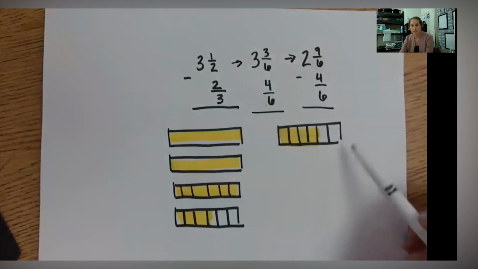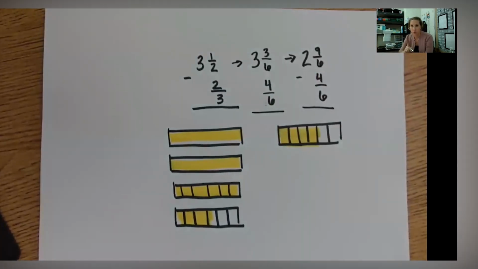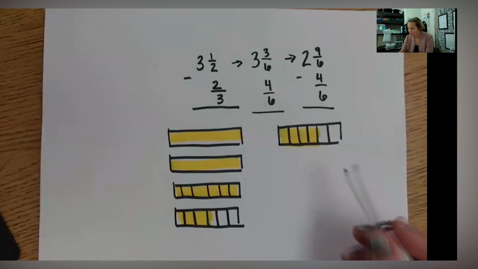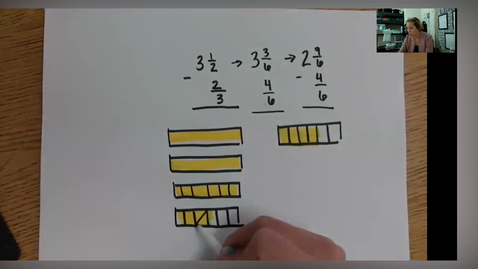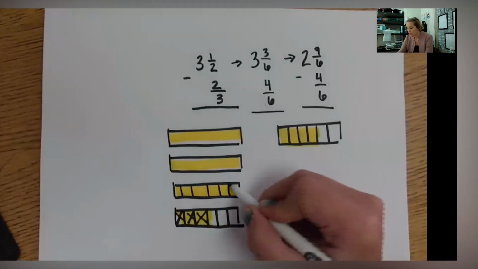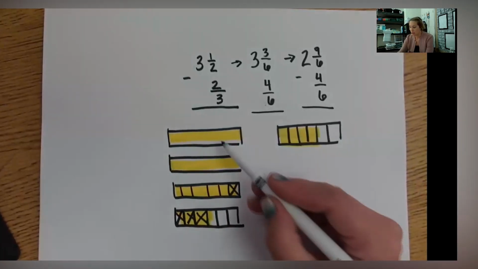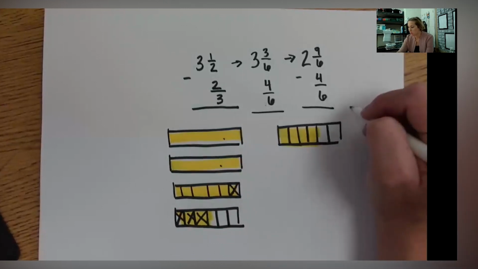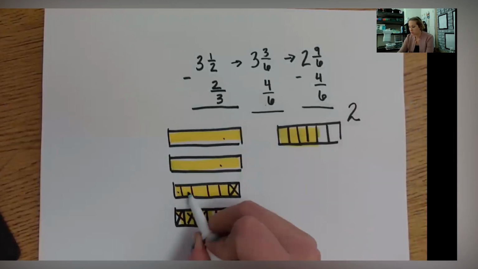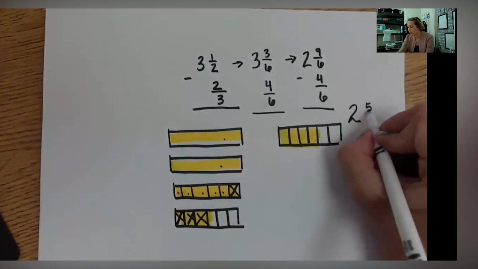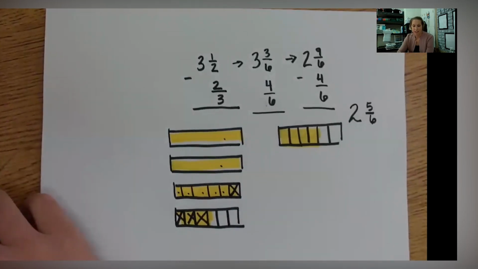Now do I have enough sixths to take away? I sure do. How did you model that? Excellent. You took away 4. So 1, 2, 3, 4, which left you with a difference of 2 wholes and 5 out of 6.